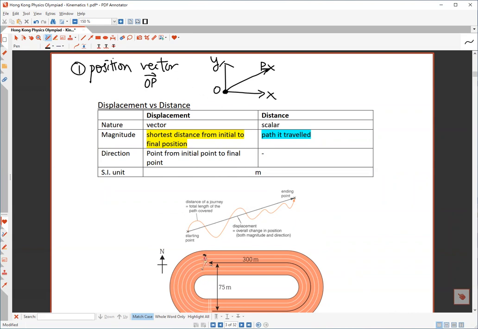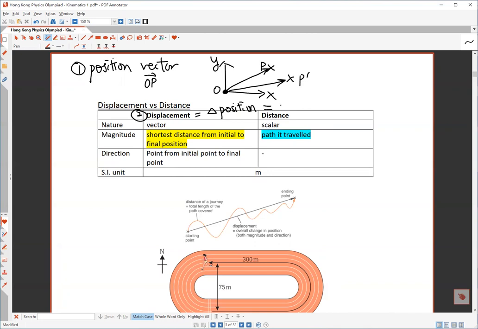And then the second term is displacement. Displacement is defined as the change in position. You know this symbol, the triangle means change. So let's say the particle moves from point P to point P prime, so the final position is OP prime.